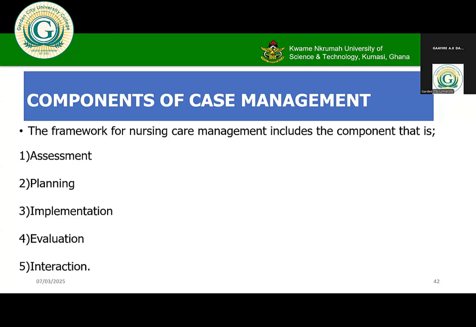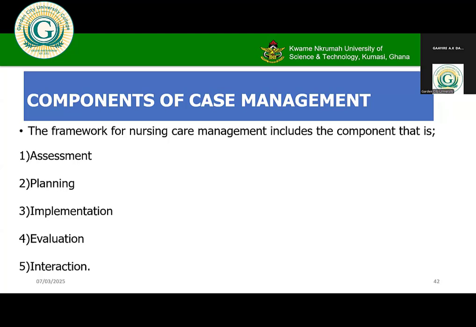For example, a client coming to meet you in a health center, and the kind of assessment that would be needed, versus a client coming to meet you in a hospital.